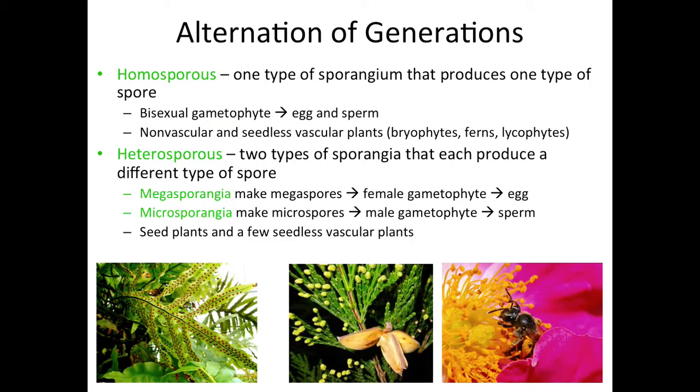Now, there's different ways that different organisms go about these alternations of generations. There's plants that produce only a single type of sporangium, which results in only a single type of spore. So, examples of these are going to be things like ferns and bryophytes, or mosses and liverworts.